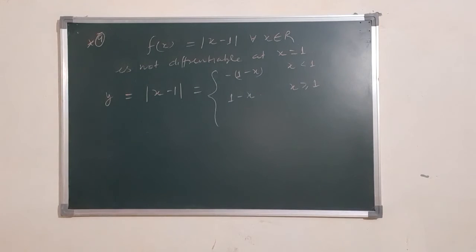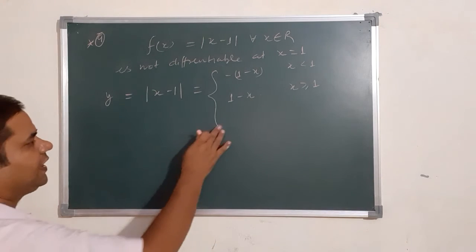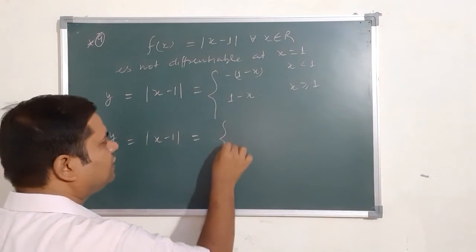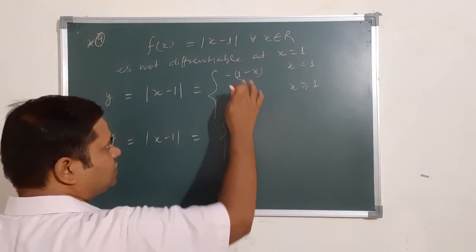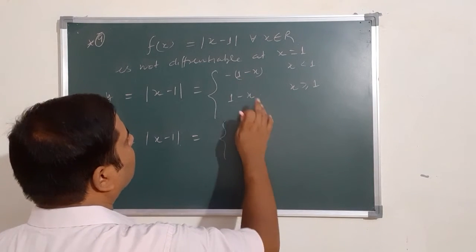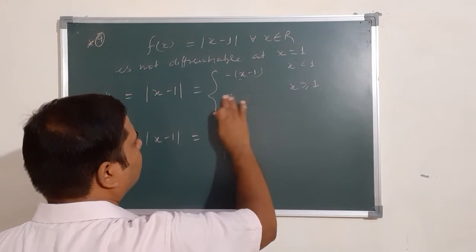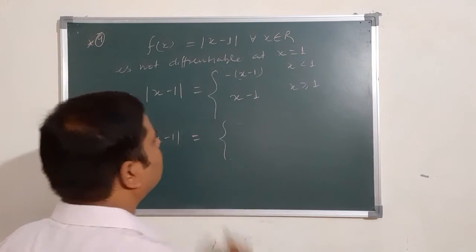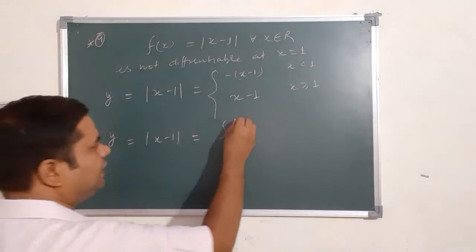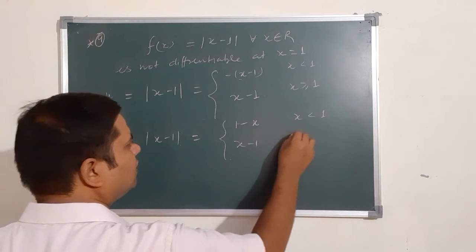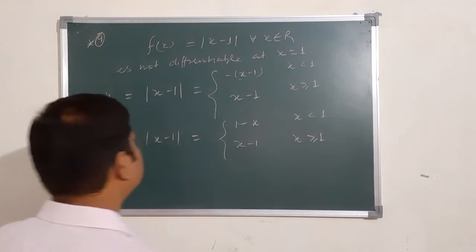So we can write y is equal to mod of x minus 1 as: minus of x minus 1, which is 1 minus x, if x is less than 1, and x minus 1 if x is greater than or equal to 1. So this is the function.